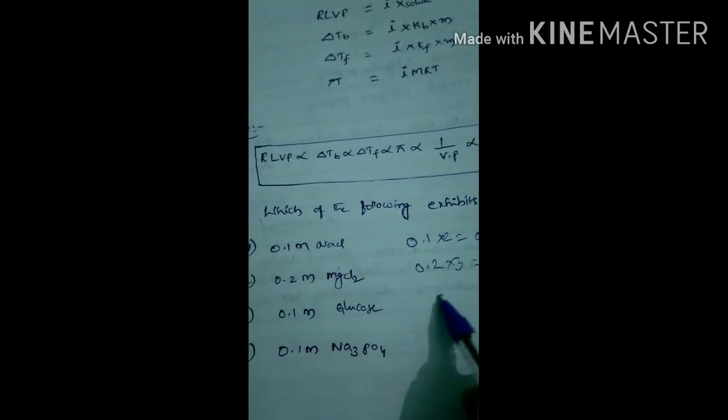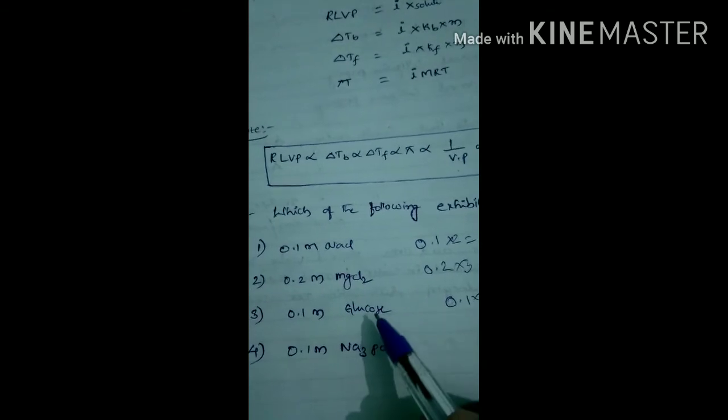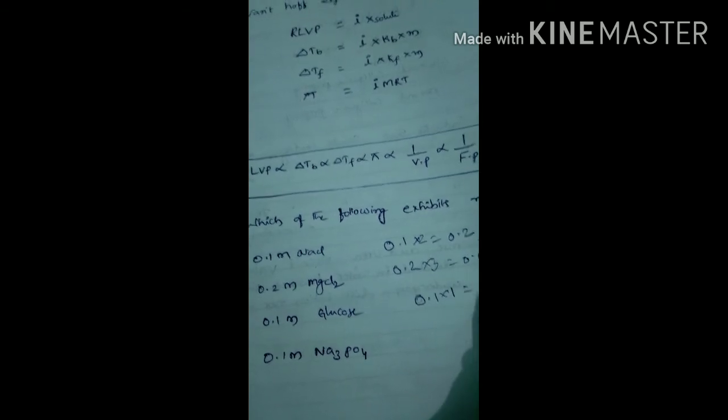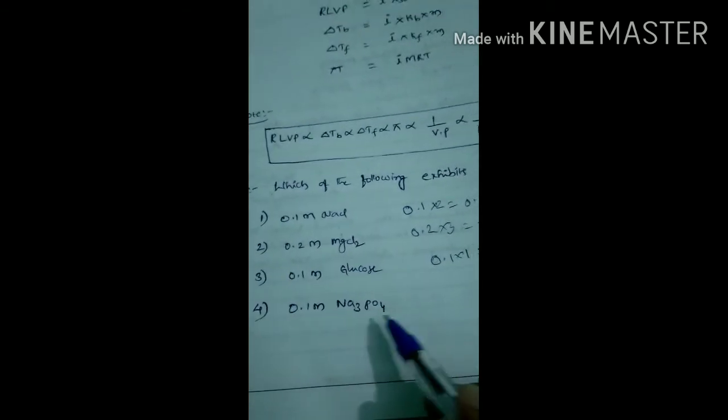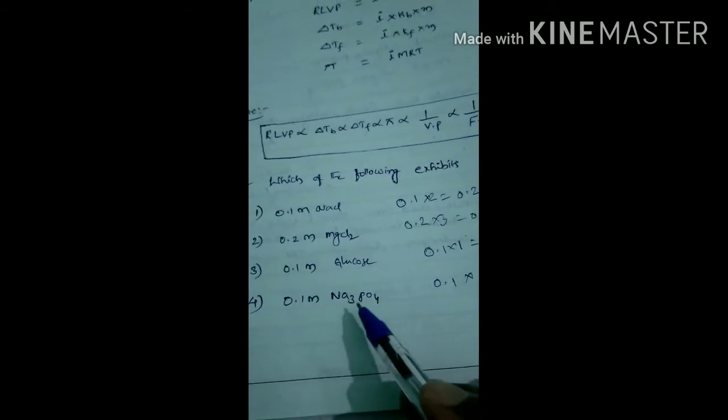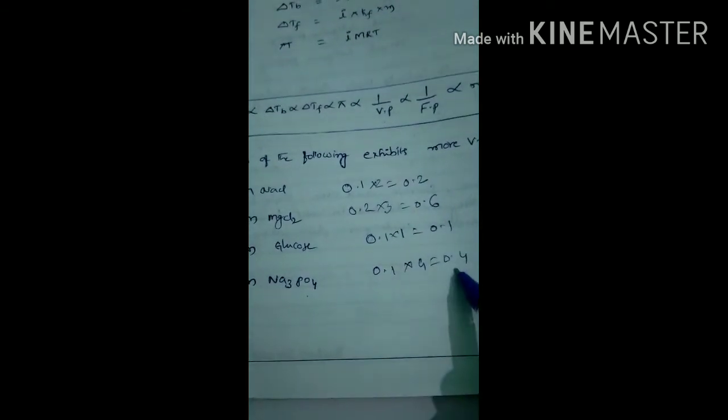In the third case, 0.1, I told you glucose never undergoes dissociation or association. So 0.1 into 1, 0.1. Here 0.1 into how many particles? 3 Na plus and 1 PO4 minus. That means total 4. So 0.4. So these numbers indicate the number of particles present in the respective compounds.